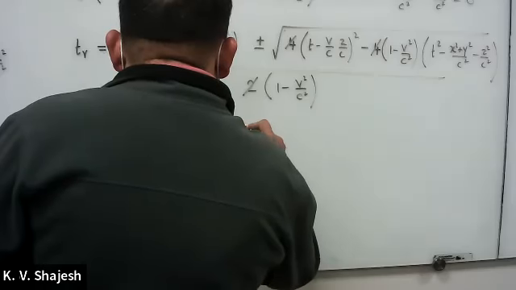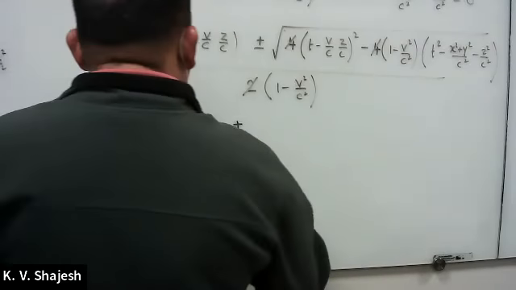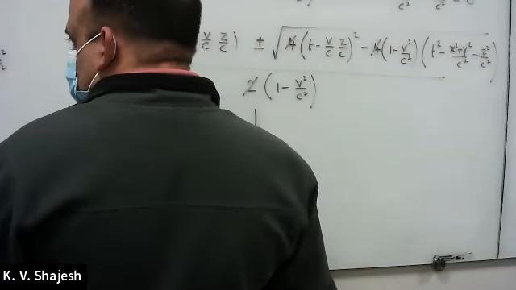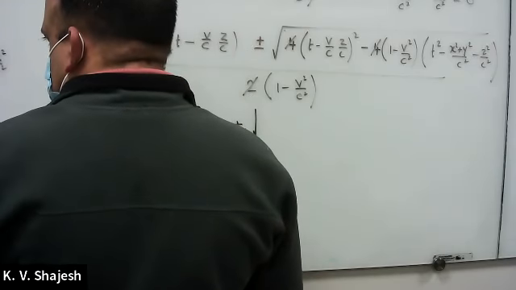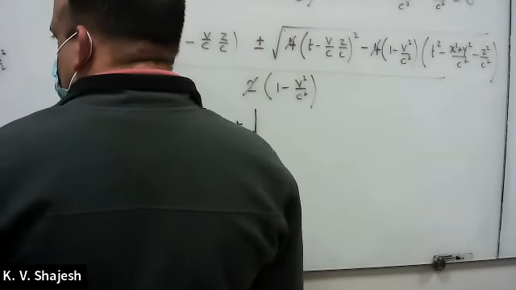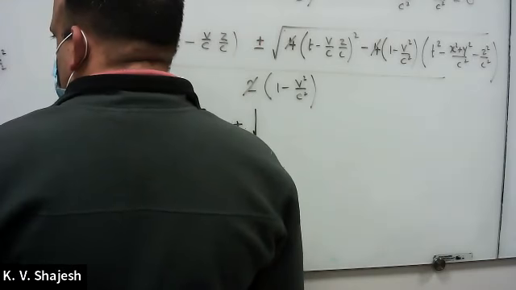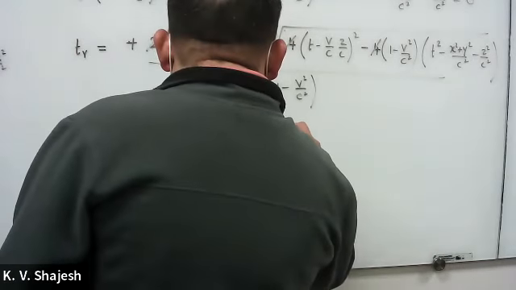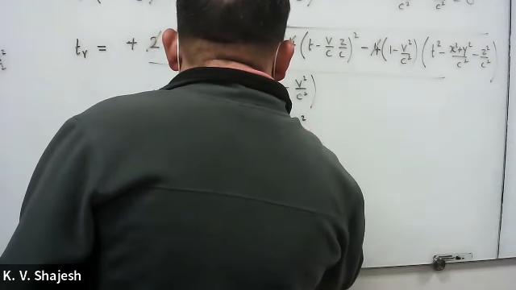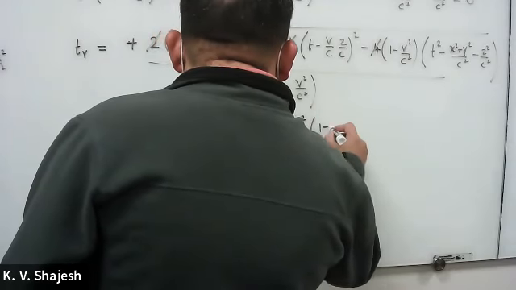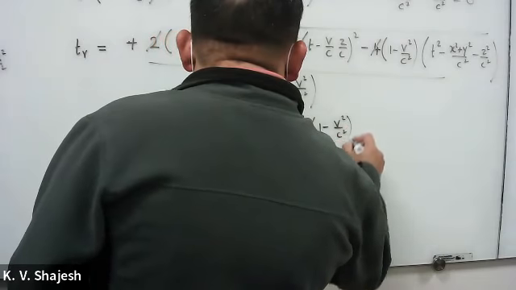And this is plus or minus the square root of this. Let me write that as x squared plus y squared plus c squared times 1 minus v squared over c squared.